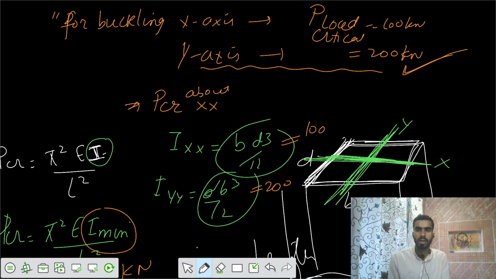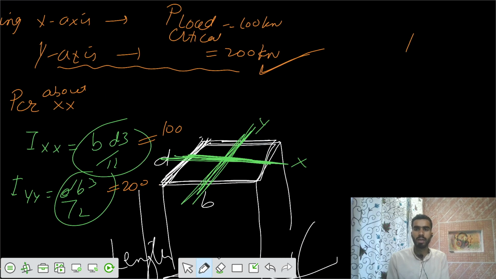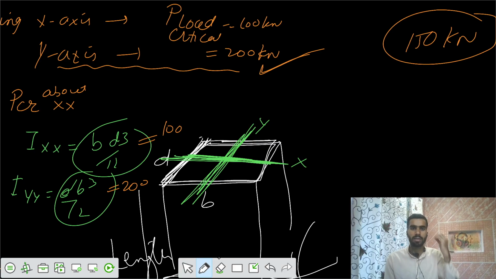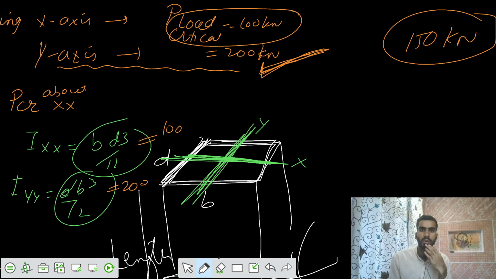It's already safe. If I apply a design load of 150 kilonewton, that means your y-axis is safe. It won't go under buckling about this axis, but about the x-axis there is buckling, because it's going to have neutral equilibrium only at 100 kilonewton, but your design load is 150.